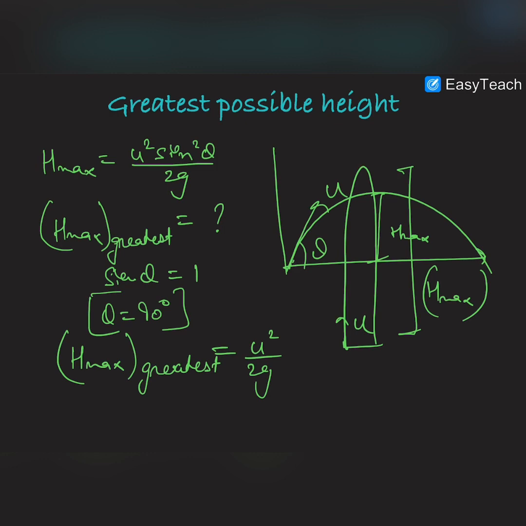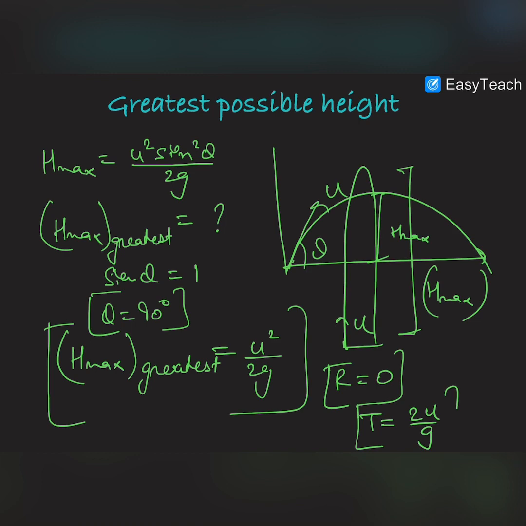This is the greatest possible value of h max, and in this case obviously range will be 0, and the time of flight, you all know, will be 2u by g, because the general formula of time of flight is 2u sine theta by g, and sine theta in this case is 1. So time of flight will be 2u by g.